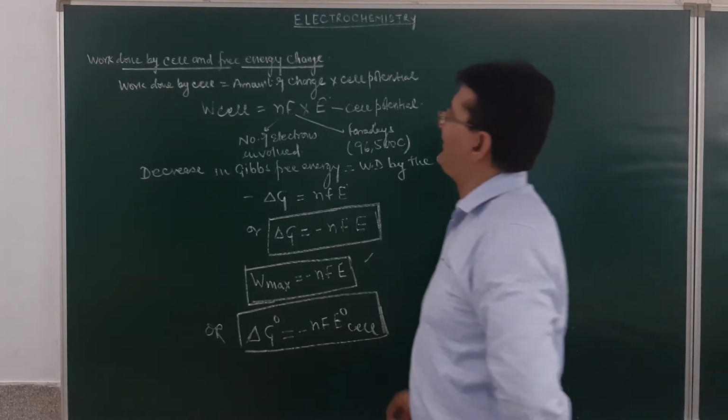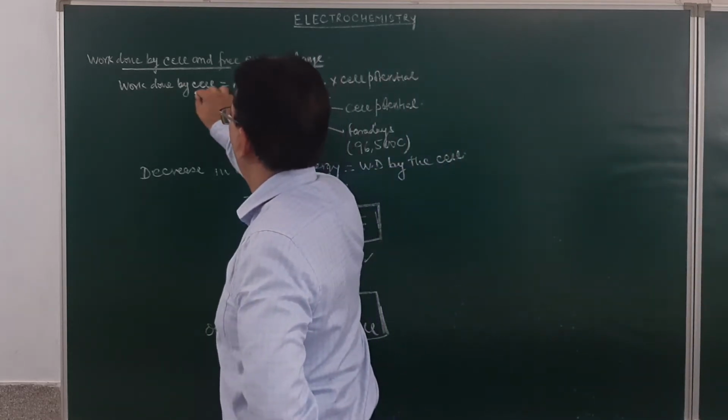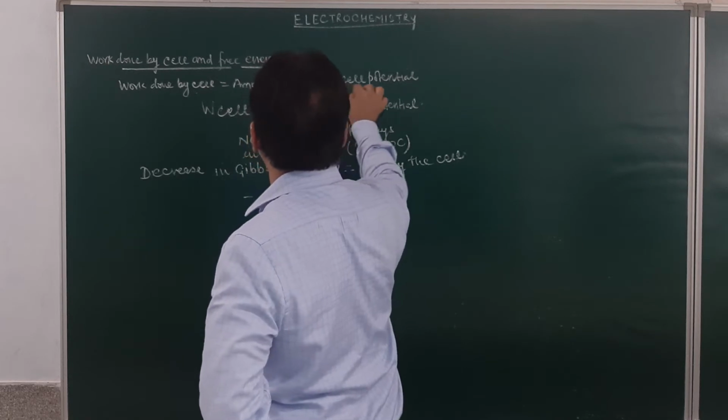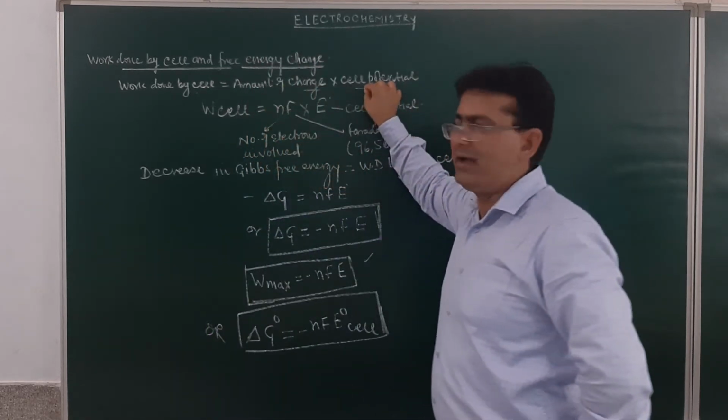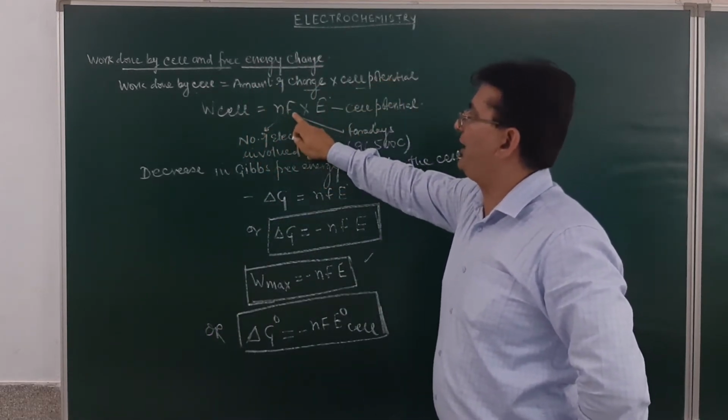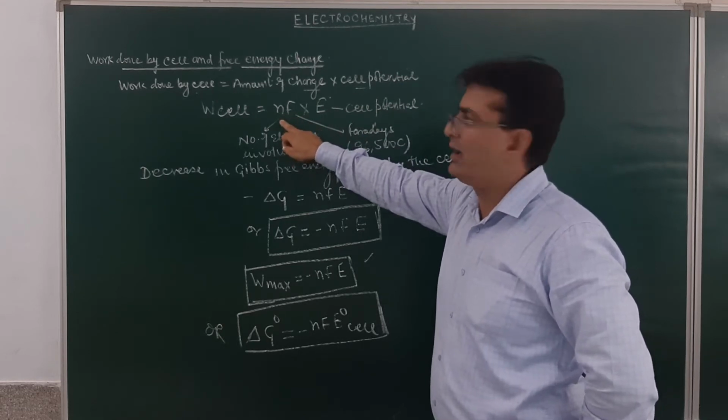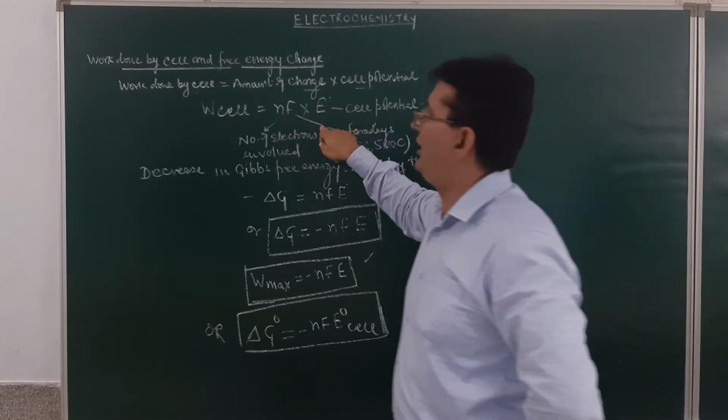So, work done by the cell and the free energy change. Work done by the cell will be equal to the amount of charge into cell potential. What is the amount of charge? Faradays of charge multiplied by the number of electrons. Cell potential is E. So what is the work done by the cell?